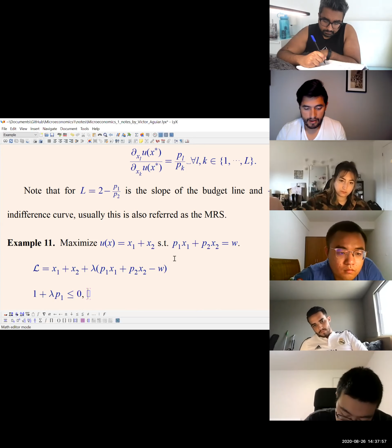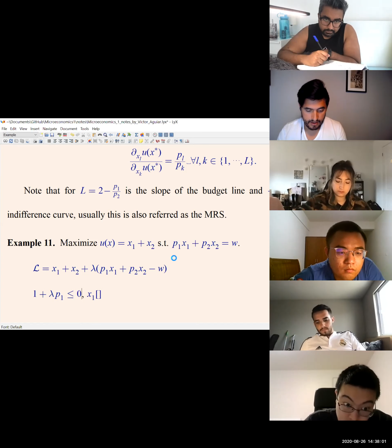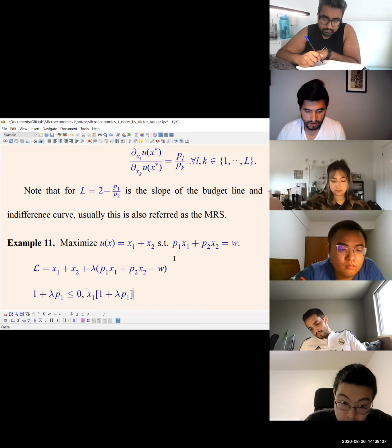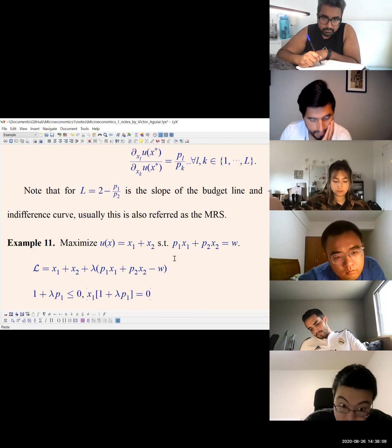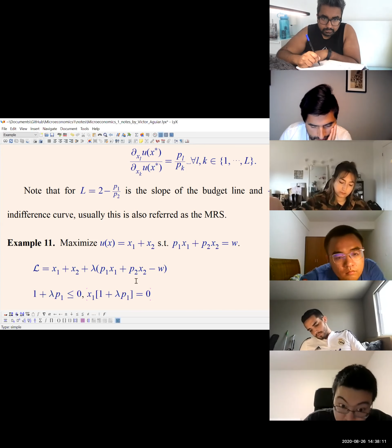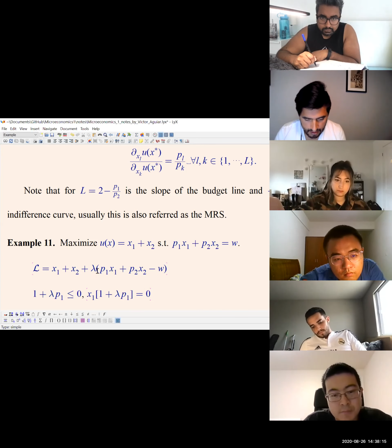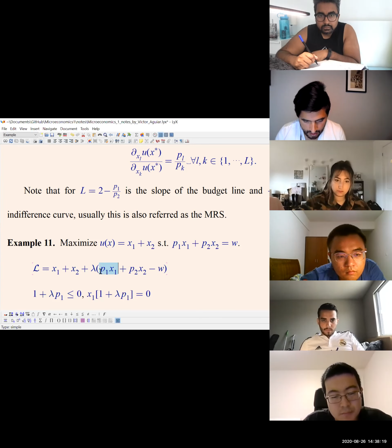And the complementarity condition is that x1 times the parentheses is 0. Usually I think I need a minus here, just to simplify.